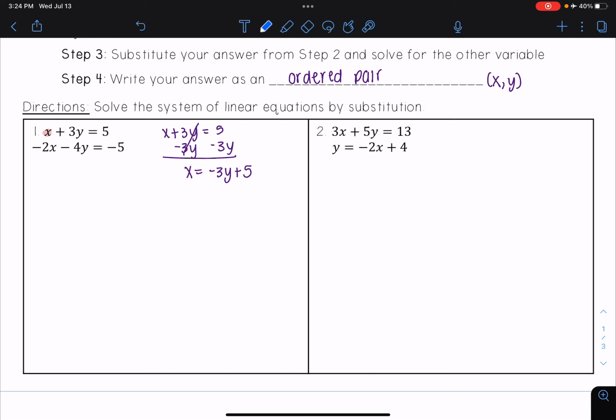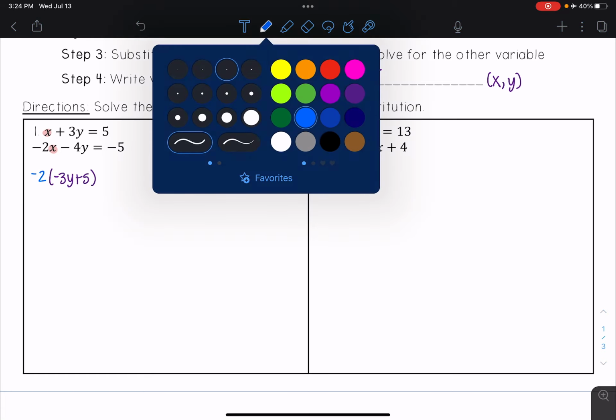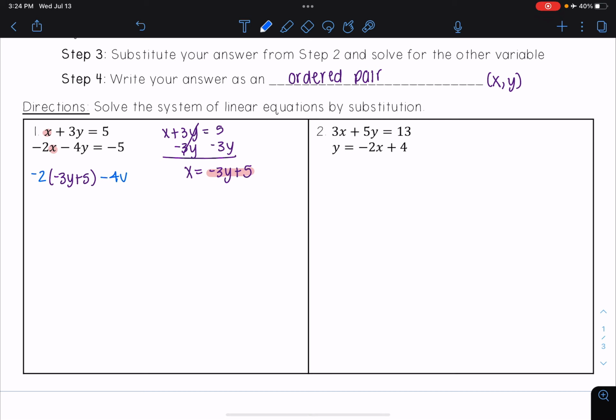Now from here, I'm going to take this expression, so my x, and I'm going to substitute it into my other equation. So where I see x here, I'm going to instead replace it with -3y plus 5. So that means that my second equation becomes -2 times (-3y plus 5) minus 4y is equal to -5.